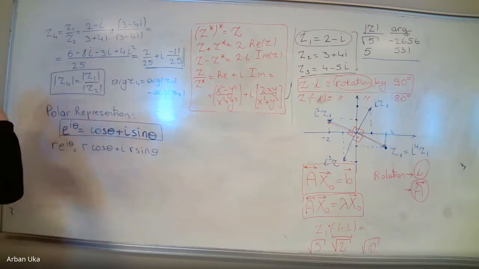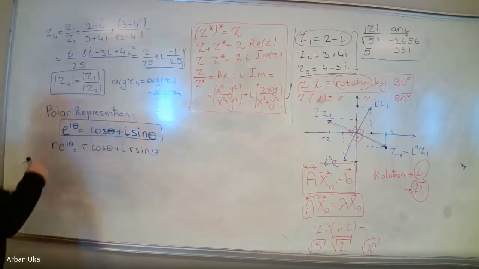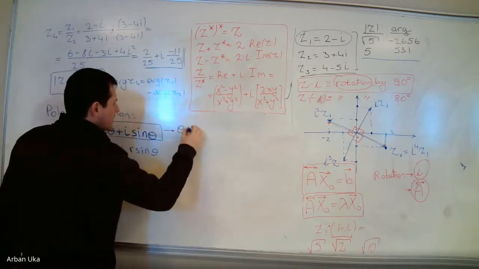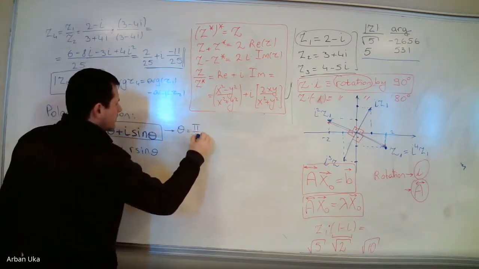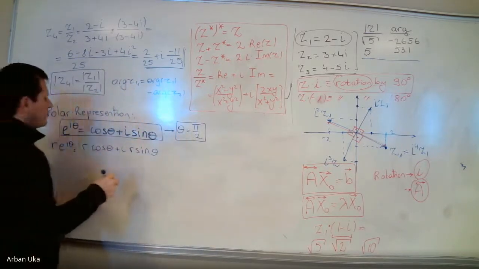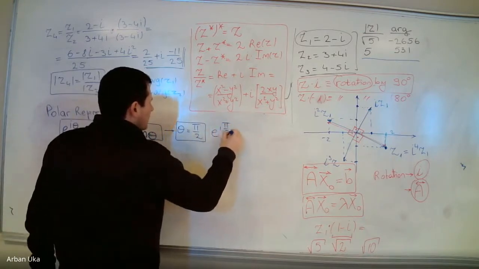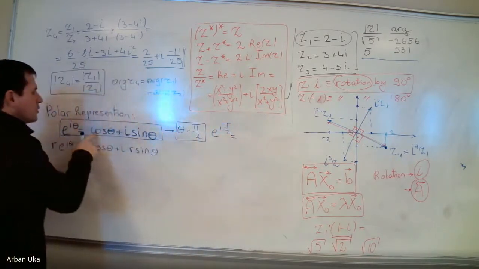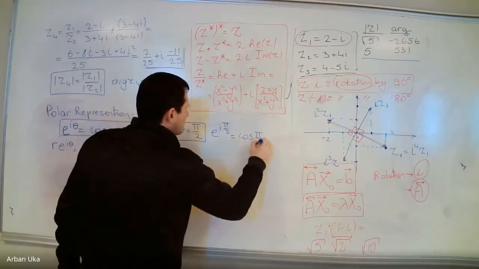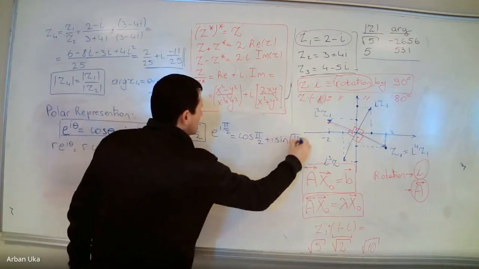Now, we can also check the following. What happens if theta is pi over 2? Let's assume theta is equal to pi over 2. What will this expression become? We have e to the power i pi over 2, which is equal to cosine pi over 2 plus i sine pi over 2.